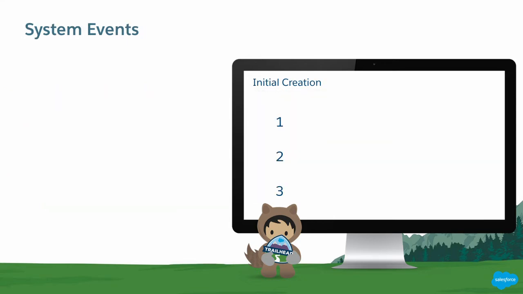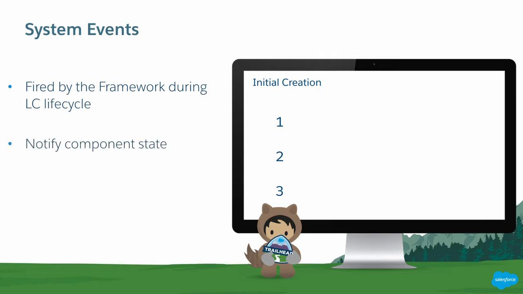I do want to start talking about system events. System events are fired by the Lightning Framework during the Lightning component's lifecycle, so they indicate a component state. As developers, it's important for us to be able to identify a state in a Lightning component's lifecycle so we can do a lot of different interesting things.